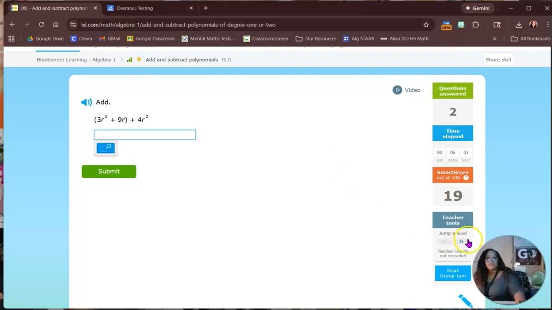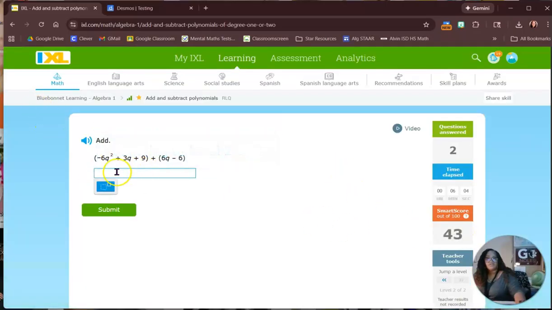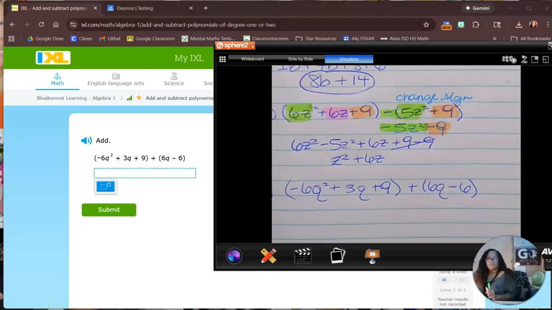All right, let's go to a harder question, like this one right here. This is negative 6q squared plus 3q plus 9, all in a group, plus 6q minus 6. All right, let's color code after I turn my camera back on.